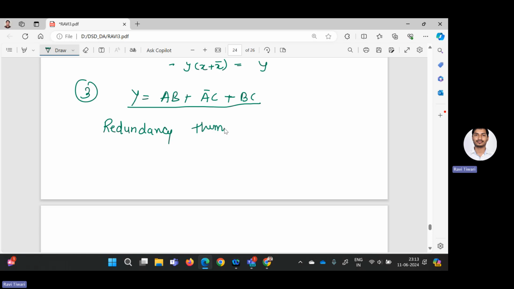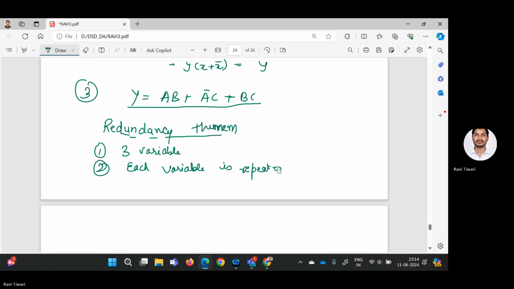The redundancy theorem is applicable only if these three conditions are satisfied. The first condition says that the expression should have three variables. Second, each variable is repeated twice.